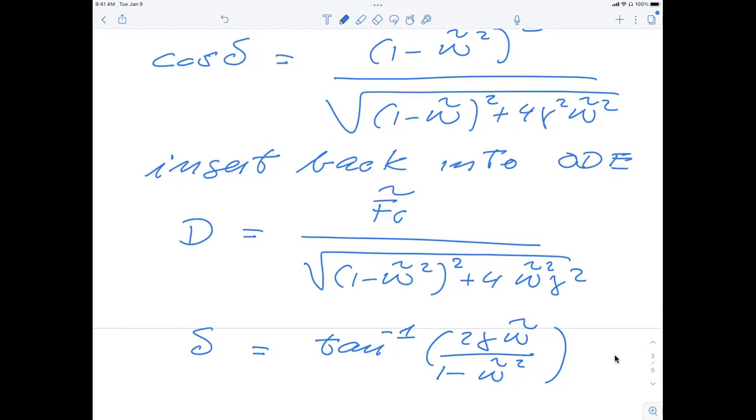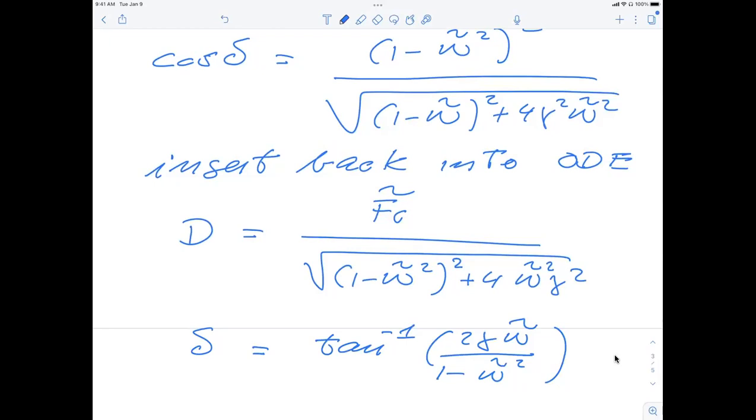Now, keep in mind that this is the particular solution. It's going to live together with the homogeneous solution. But what we will see when we run some calculations is that it is the particular one which is going to dominate. And it will dominate in different ways.